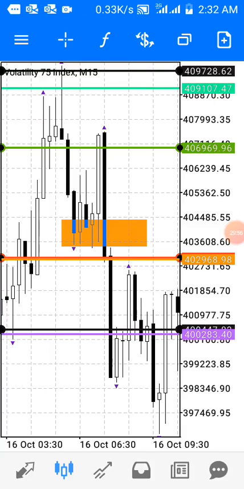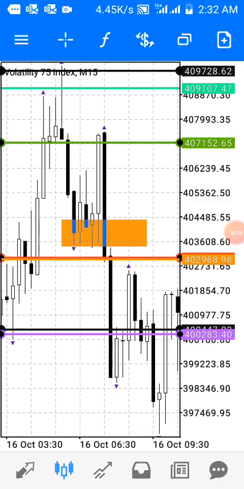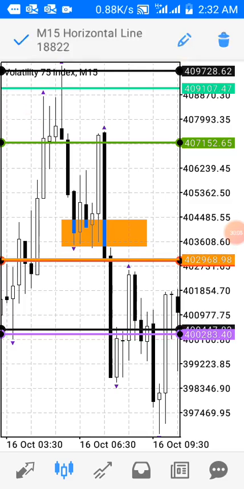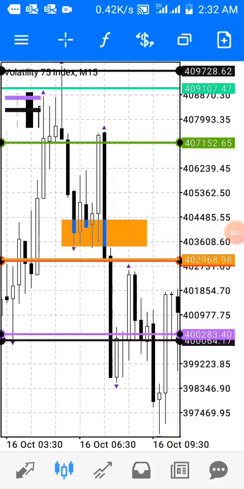And I place stop loss 200 points beyond. The stop loss will be 4,000 plus 2,500 plus 200. That will be 6,700 points.